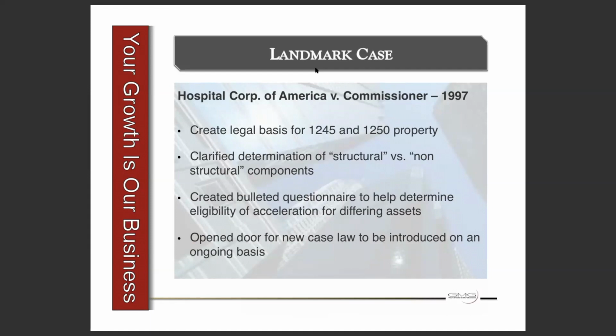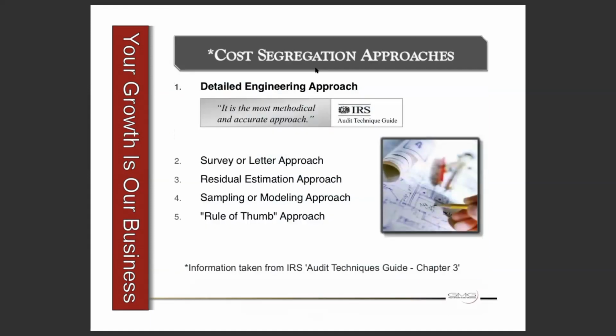So basically, they challenged the 39-year rule, and proved that not everything lasts 39 years in a building, and we're able to go through and get the laws changed. That way, today, you can take advantage of the tax savings.